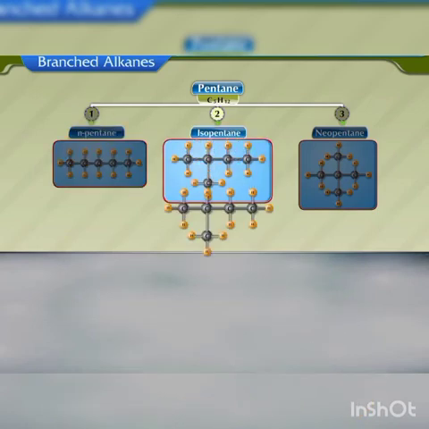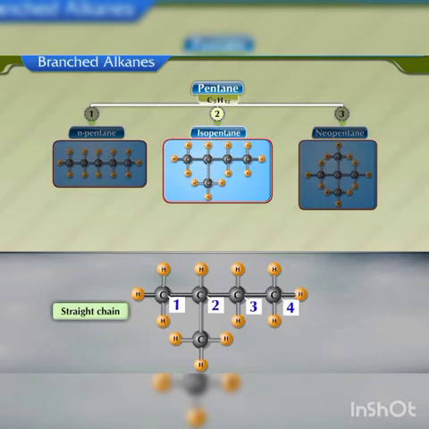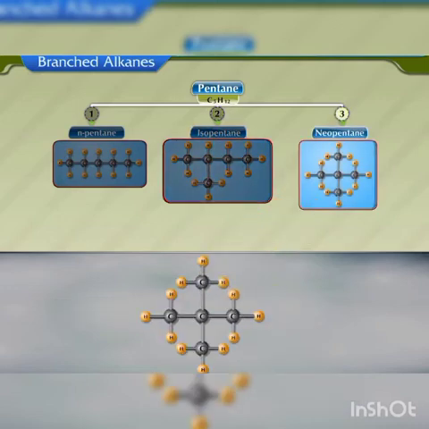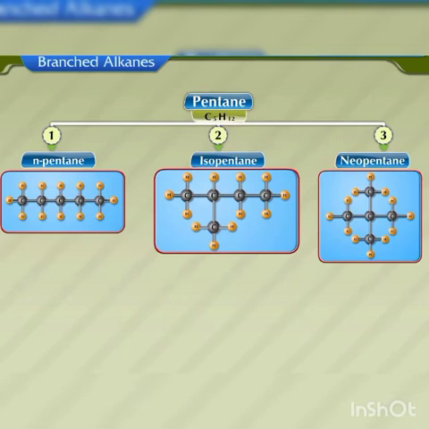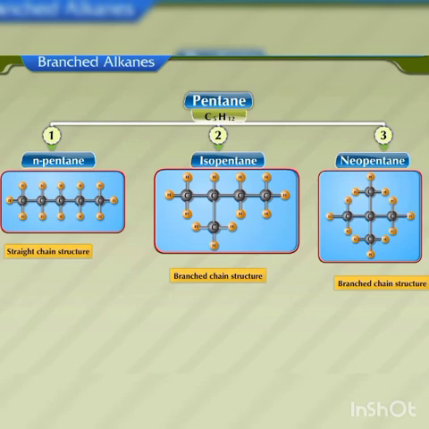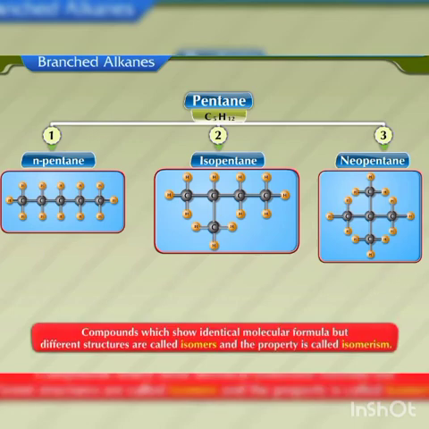The second structure has 4 carbon atoms in a chain, and the fifth is in the side chain. The third structure has 3 carbon atoms in a chain and 2 in the side chain. Hence, we will get a straight chain structure and branched chain structures of pentane. Such compounds which show identical molecular formula but different structures are called isomers, and the property is called isomerism.